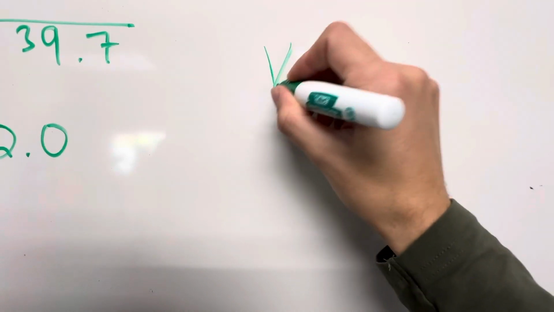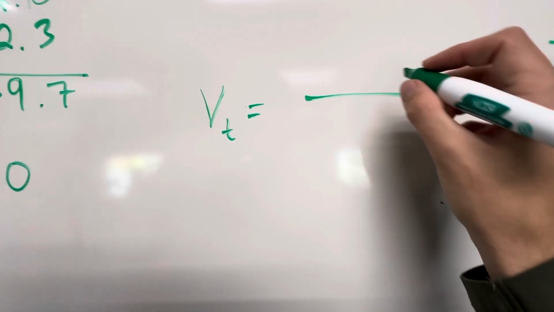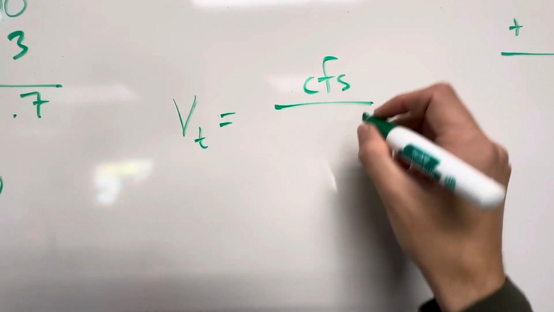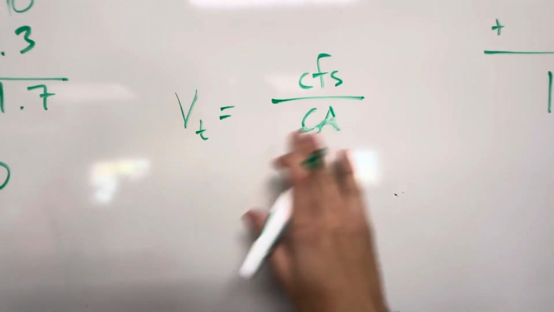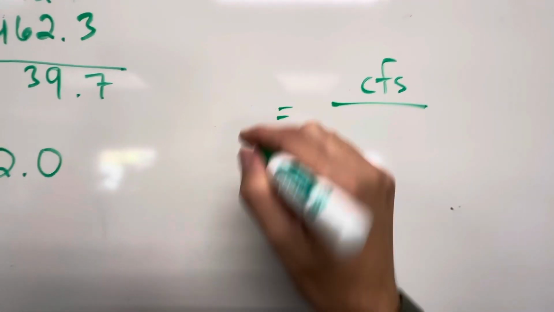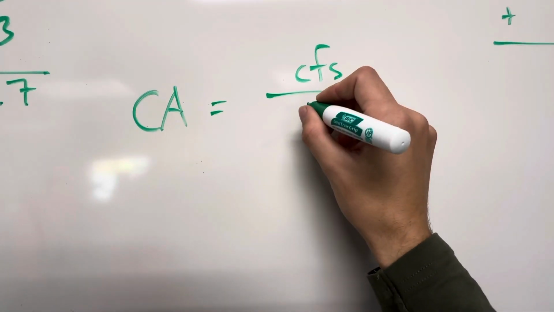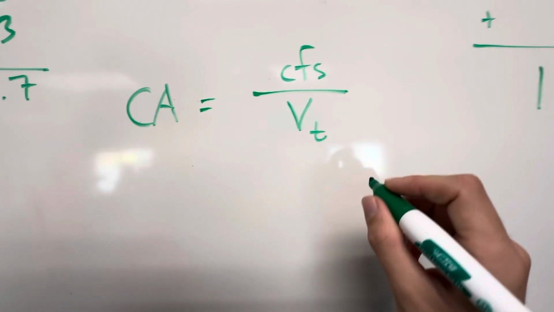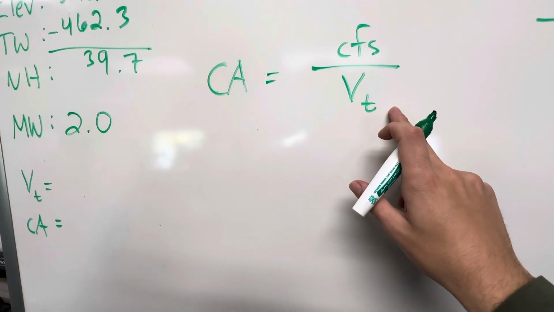To get the velocity, you need to take CFS and, you could do that, but we're going to do it the other way. To get the calculated area, sorry about that, it's a correct equation, I was just doing it backwards. You need to take the CFS and divide it by the VT.